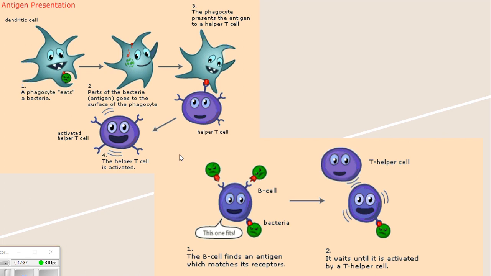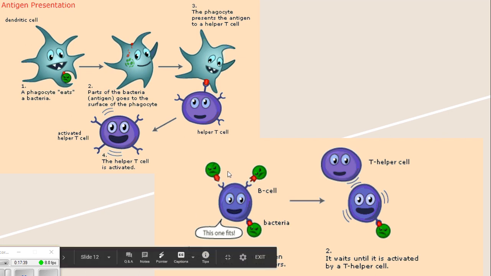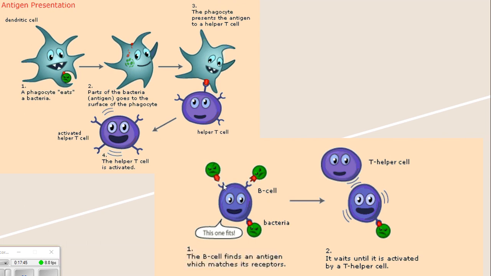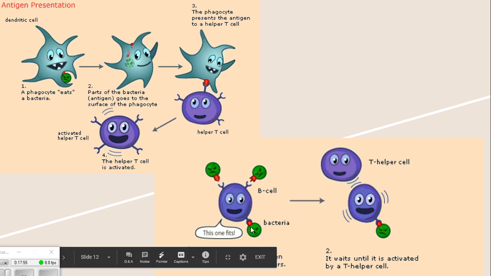So concurrently, you'll also have B cells around. They will have their own antibody-like receptors that may recognize a particular antigen on the B cell. And when they do, they'll be like, okay, this one fits, my receptor fits this particular type of antigen.